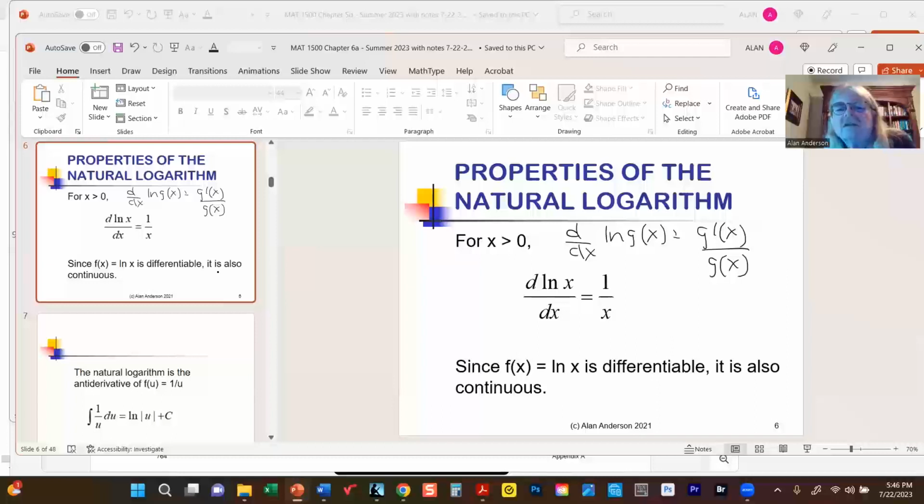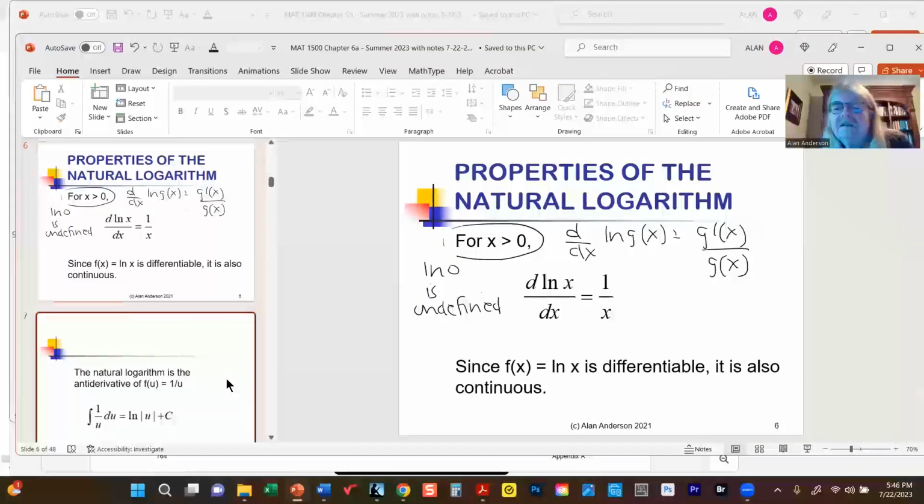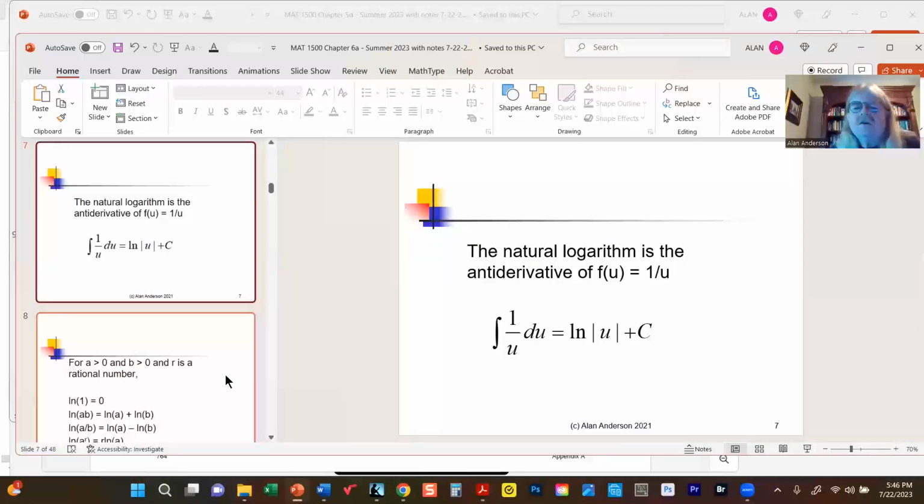And of course, this is only true if x is strictly greater than 0, because the natural log of 0 itself is undefined. That's because there's no value whose exponent will bring us to 0. Okay, the integral then of 1 over u du is log u plus c.